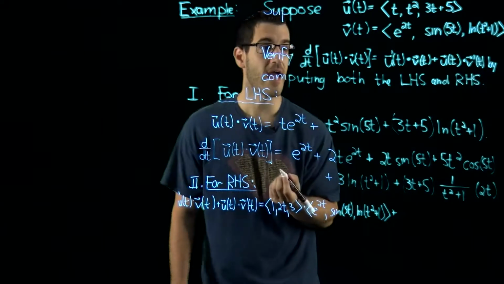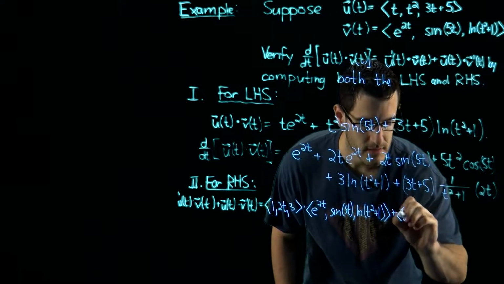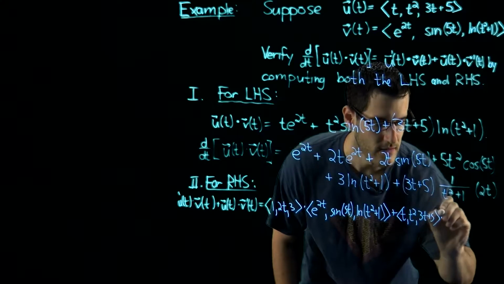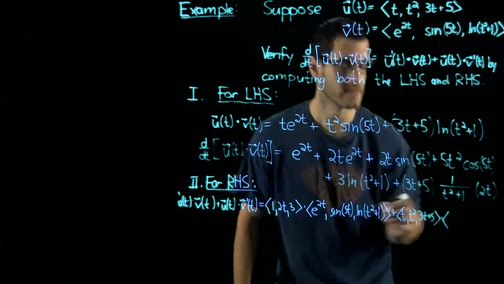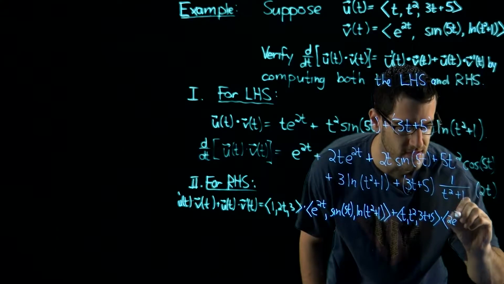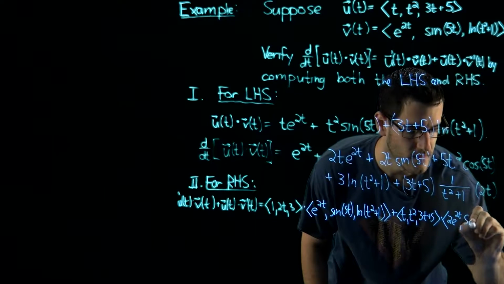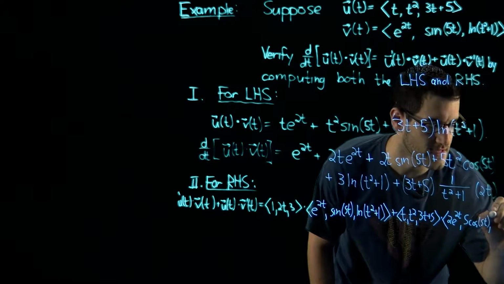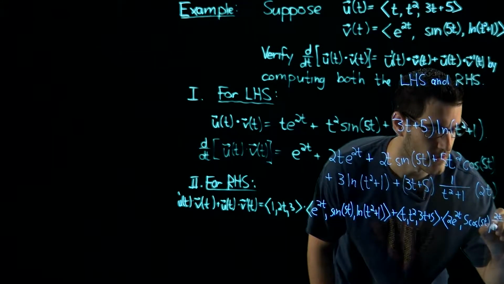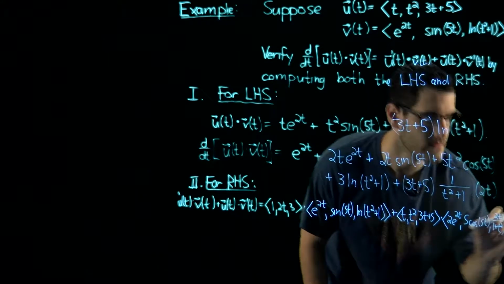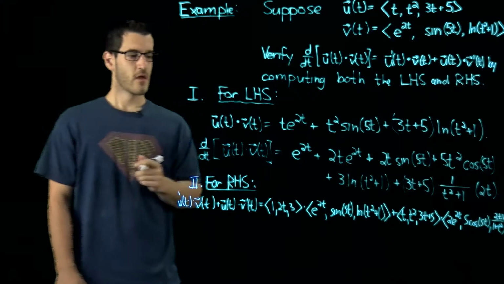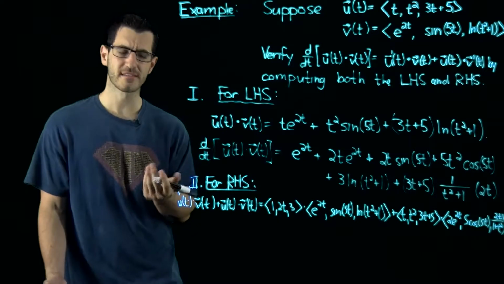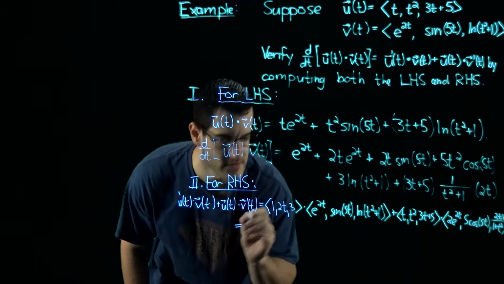And to that, we're going to add u, t squared, 3t plus 5, dotted with the derivative of v. So that's going to be 2 e to the 2t, 5 cosine 5t, and 2t over 1 plus t squared. Okay, so that's a much longer expression that we have to calculate, but the dot products now are very straightforward to find.